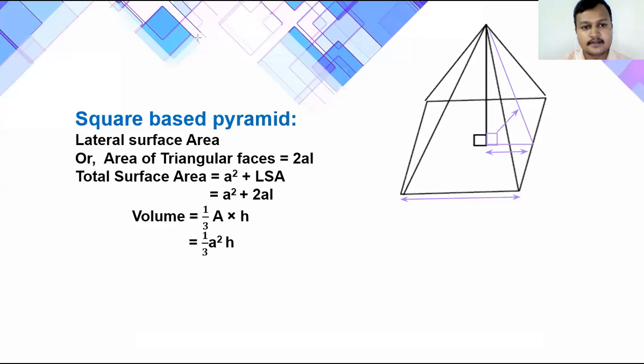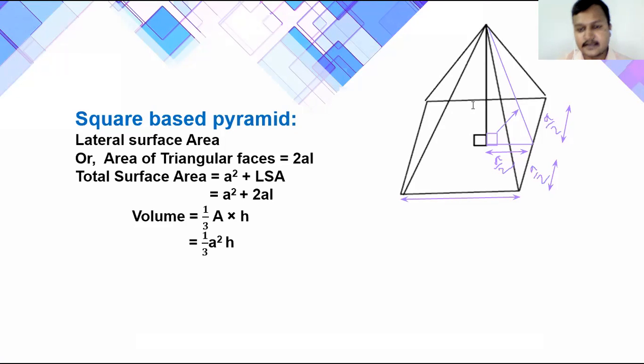Okay. This one is A/2. Here also it will be A/2 and A/2. The part from here to the slant height is A/2. These are also A/2 and A/2.